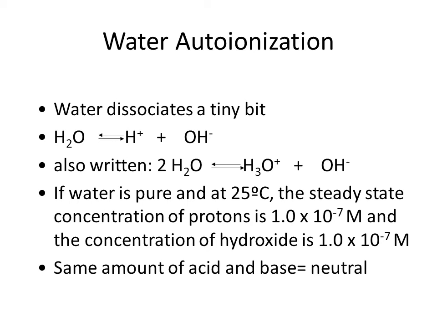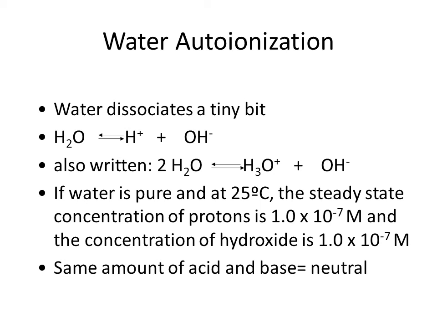Now, this isn't really what's happening, because a naked proton in water does not exist. What happens is that the proton never really forms. It actually jumps onto another water molecule. So the second equation shown, where two waters make a hydronium ion, H3O+, plus hydroxide, OH-, is really what's happening, because one water molecule will pull a proton off the other to make the hydronium ion and leave a hydroxide behind.